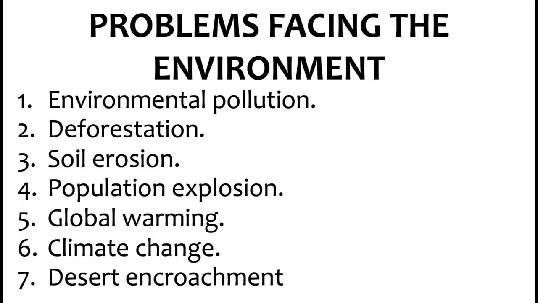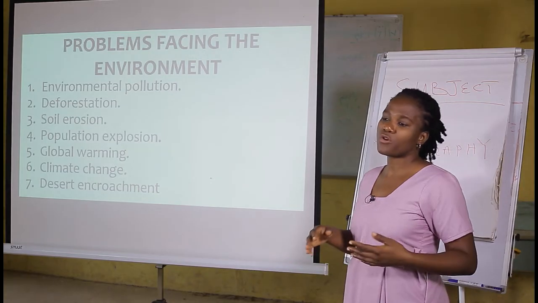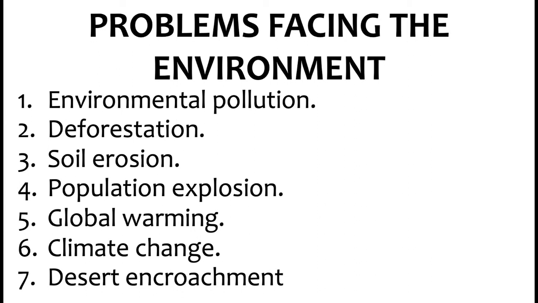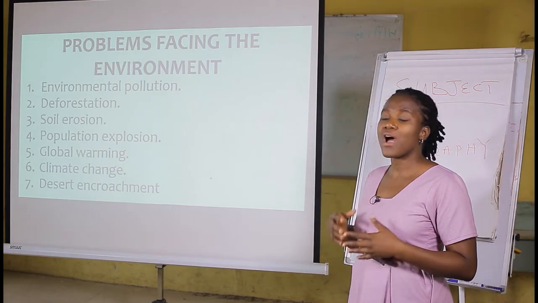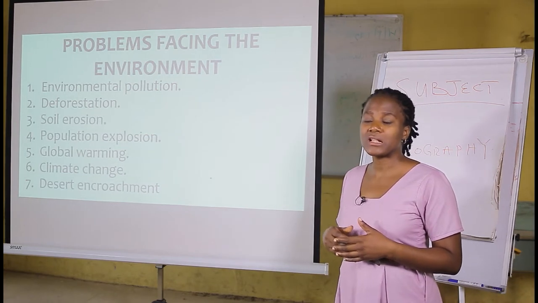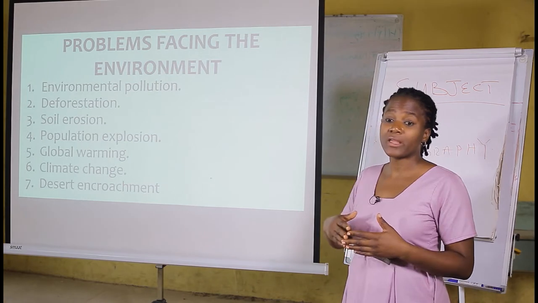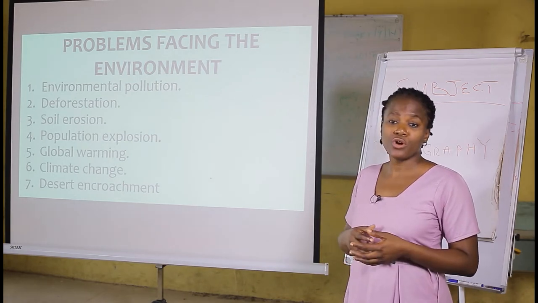Now, we'll look at problems facing the environment. We have several problems. These are problems that we face every day. We have one, environmental pollution. This refers to the presence of hazardous materials in the environment. Environmental pollution can be air pollution, noise pollution.